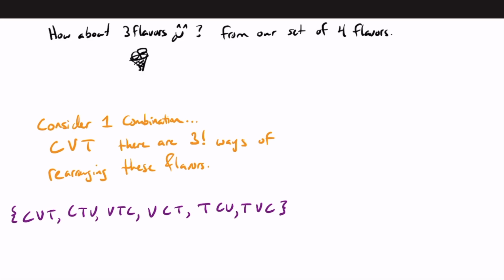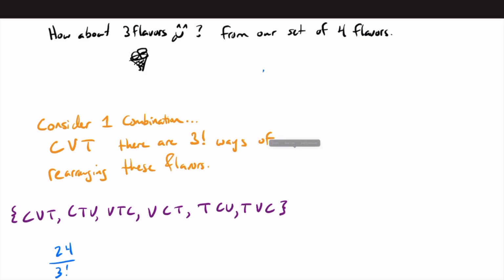So this is like saying that we have 3 factorial, so we'd be dividing 24 by 3 factorial. And this allows us to get all the possible combinations because we have 24 total permutations that we could select from the ice cream.